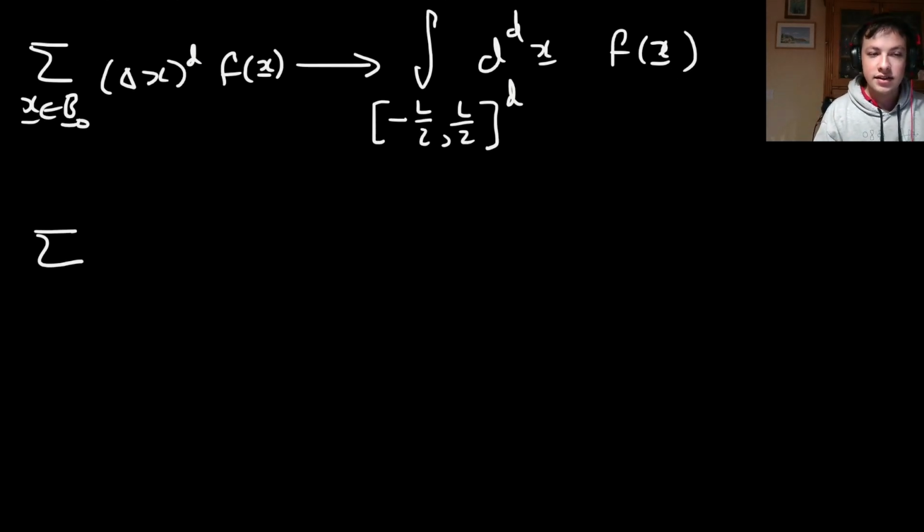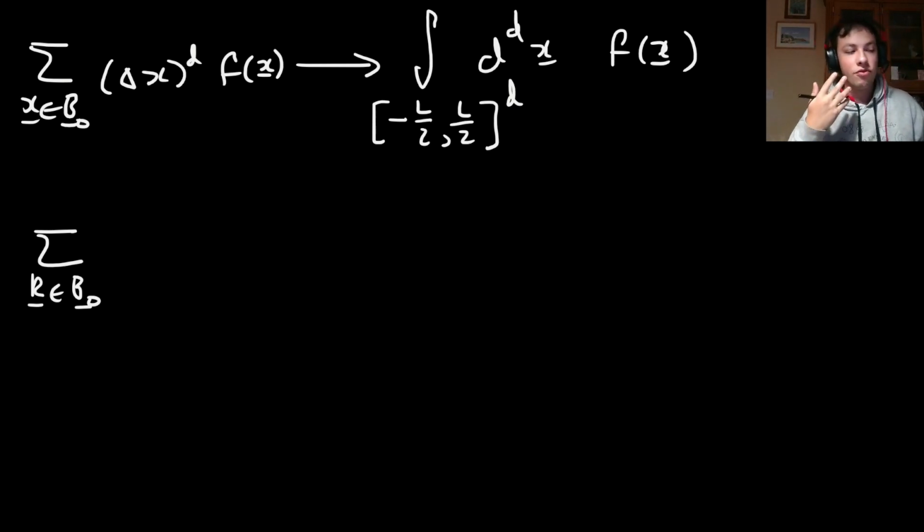While for our reciprocal lattice sums, so sums over k's, the k spacing is going to stay finite because that's based on L, not on a and n. But our fundamental box is going to grow to infinity because remember that b naught was just restricting the coordinates to be less than n, but n is now going off to infinity.